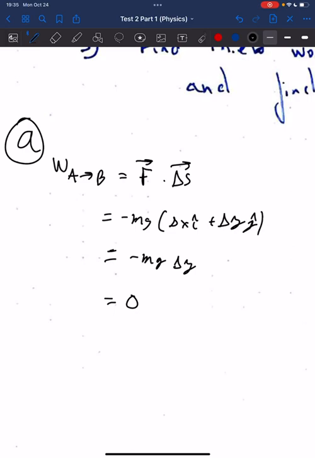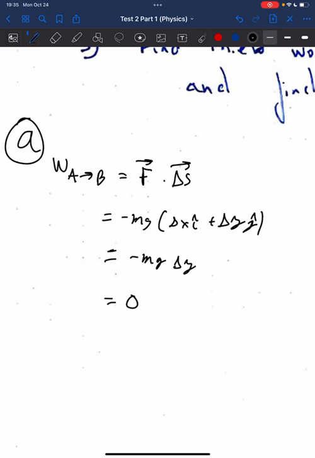So is it the only force? It says find the work done by the weight in going from A to B. Is it the only force? No, it's not the only force. The only forces are the normal force and gravity.